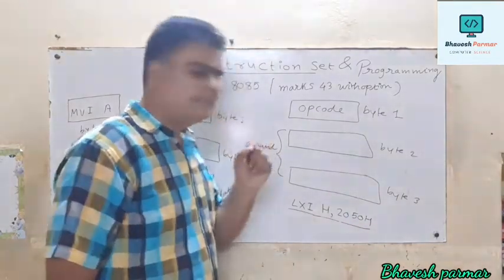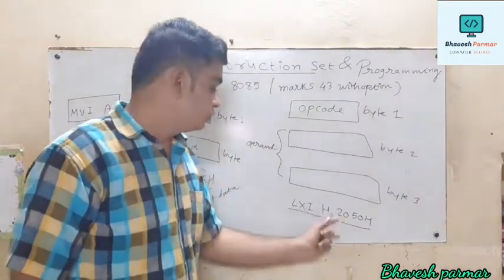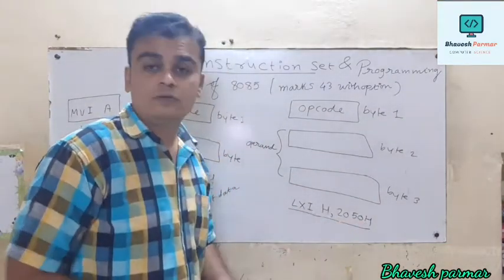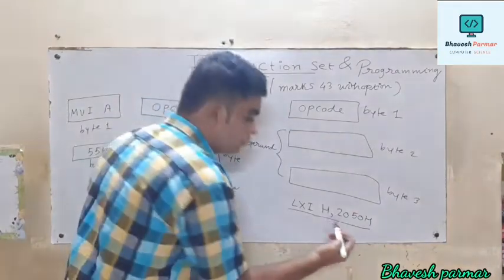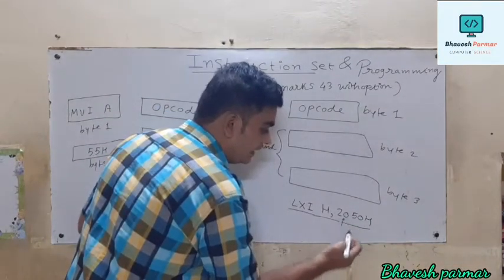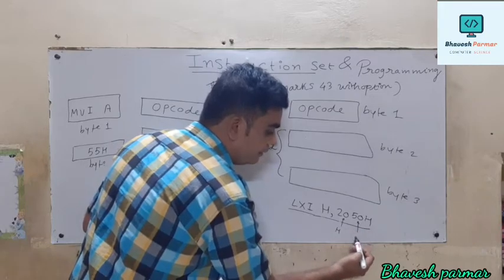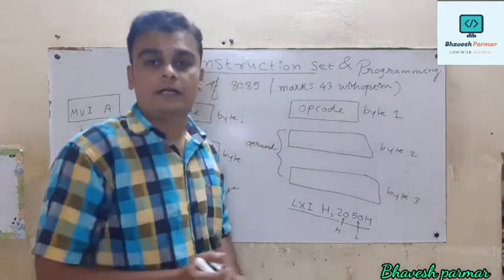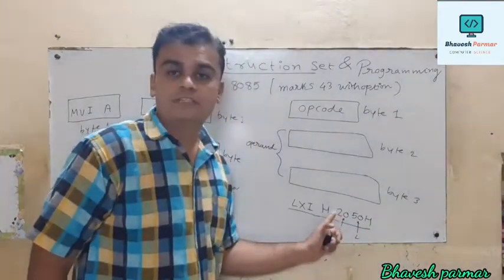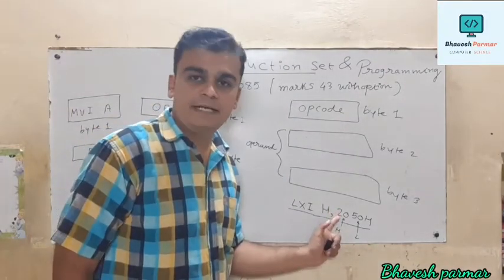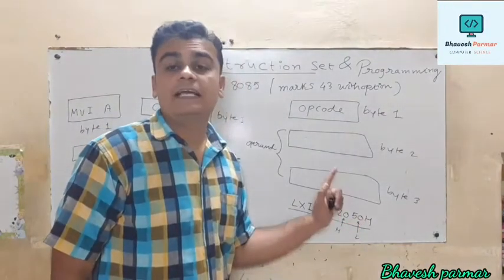But there is again a small twist. This 20 and 50, we are going to separate. 20H is called the higher order data, meaning it is our MSB data, and 50 is the LSB data.